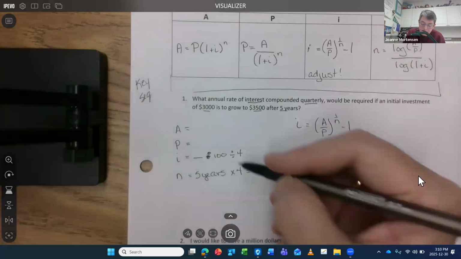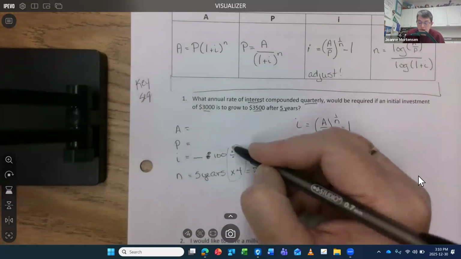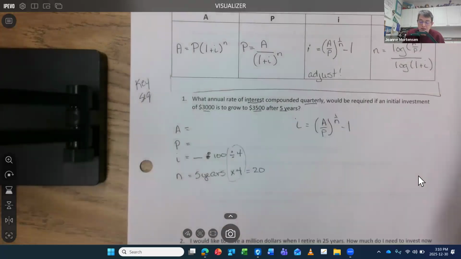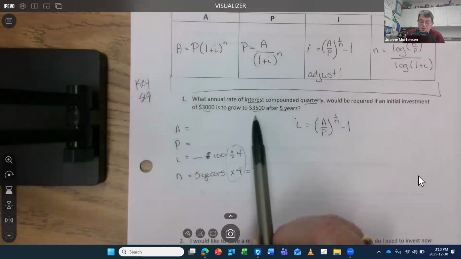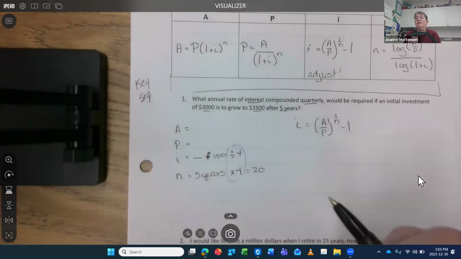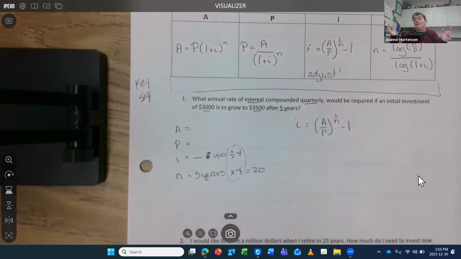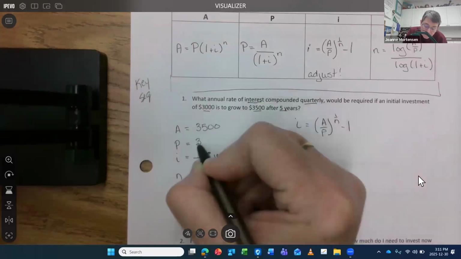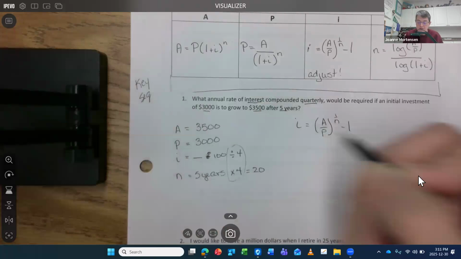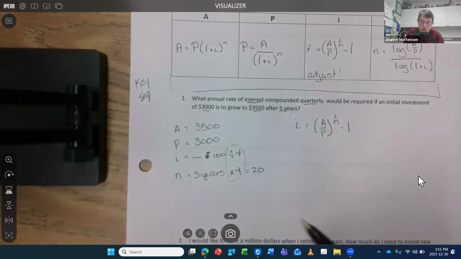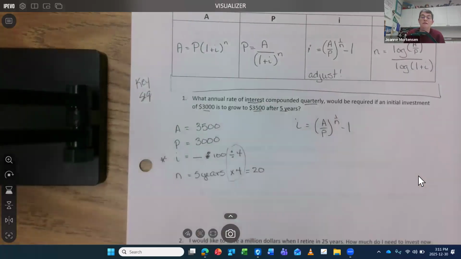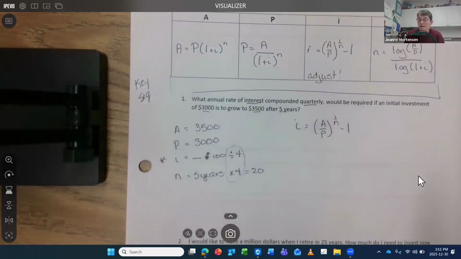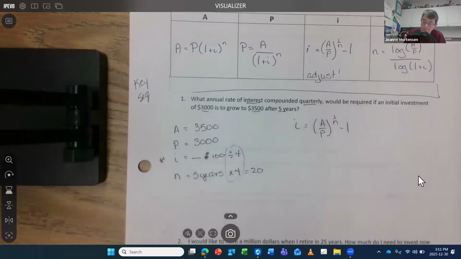I want to make sure these are still matchy-matchy. I have 2 amounts of money, and the bigger one is always the A, because that's what we're supposed to end up with afterwards. Technically future value, but I prefer just afterwards. So 3,500 and 3,000. And I'm going to put a star here because I have to remember that adjusting, because the answer I get here is not my final answer.